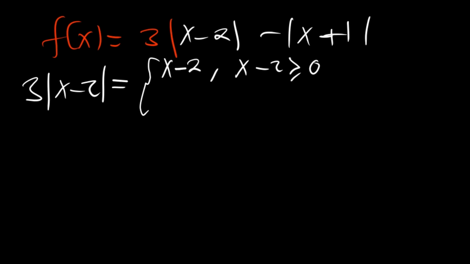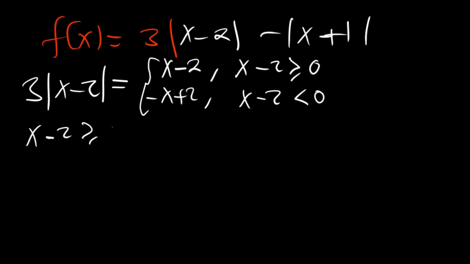We have been doing this for redefining. The second part I need to do times negative, which is going to be negative x plus 2. The condition is the same, but I put less than 0. So for x, if I solve for x, x minus 2 greater than or equal to 0 is going to be x greater than or equal to 2, meaning that the other one is going to be x less than 2.